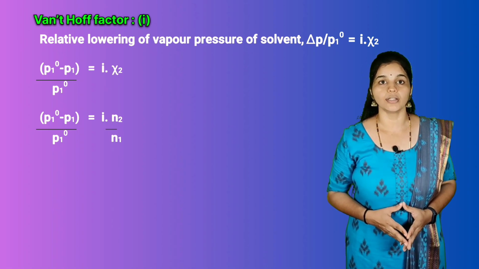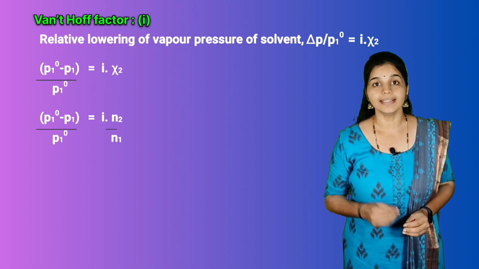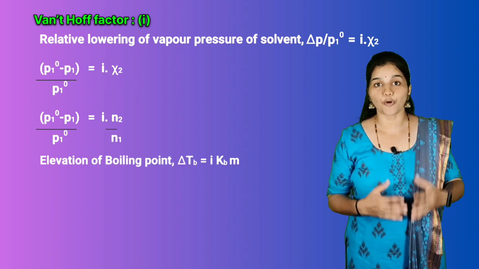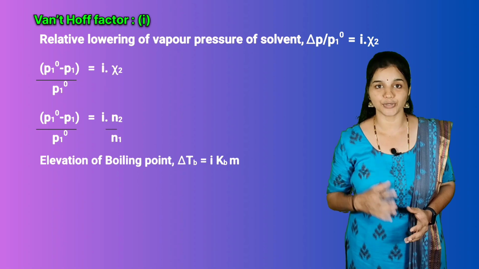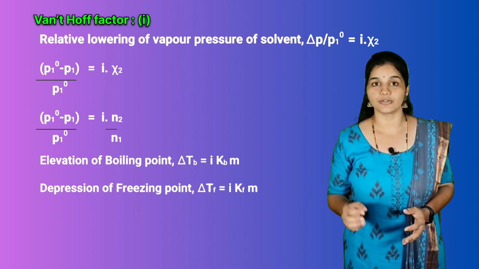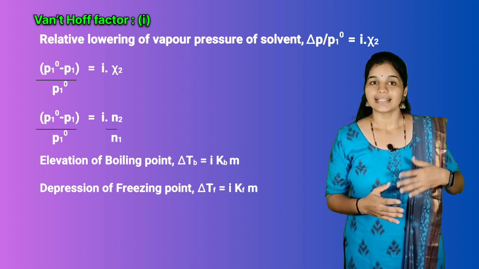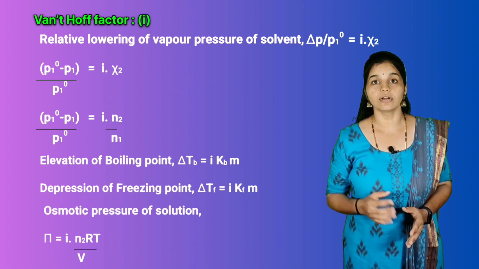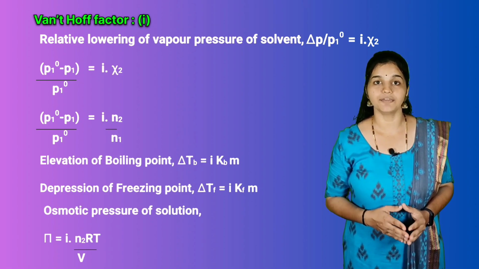That is, P1 naught minus P1 divided by P1 naught is equal to i into n2 divided by n1. Elevation of boiling point delta Tb is equal to i into Kb into m. Depression of freezing point delta Tf is equal to i into Kf into m. In the same way, osmotic pressure of the solution is equal to i into n2 into RT divided by V.